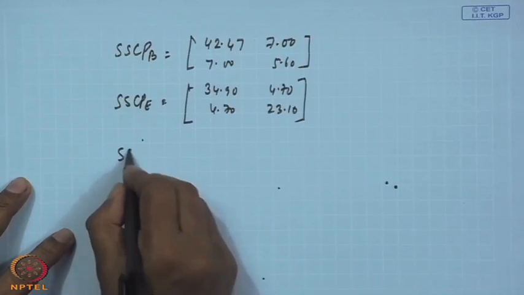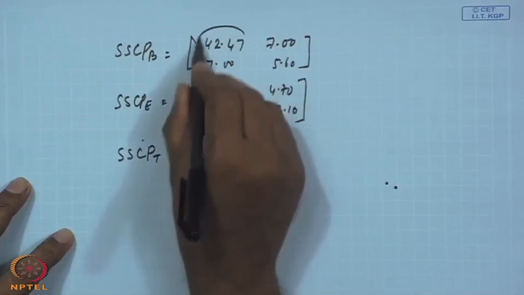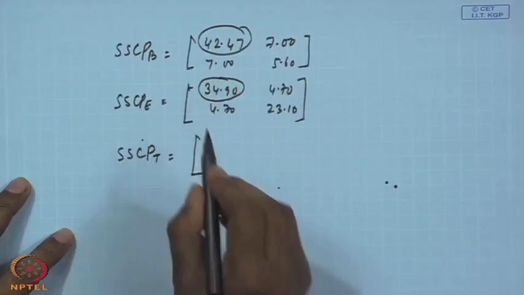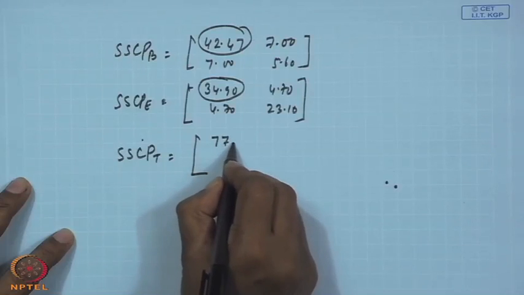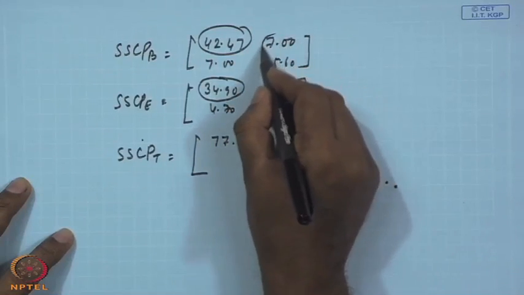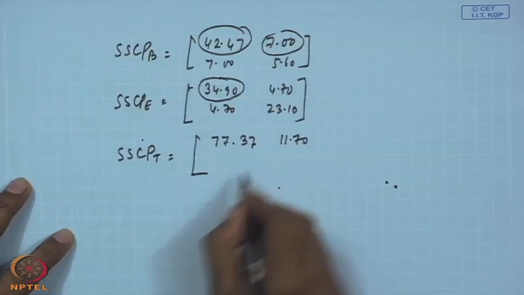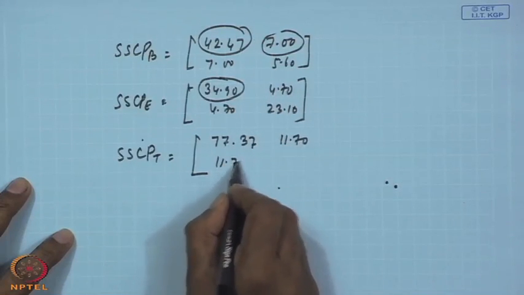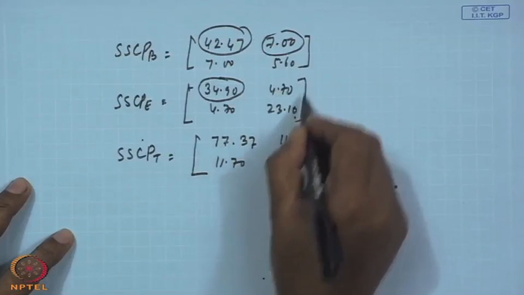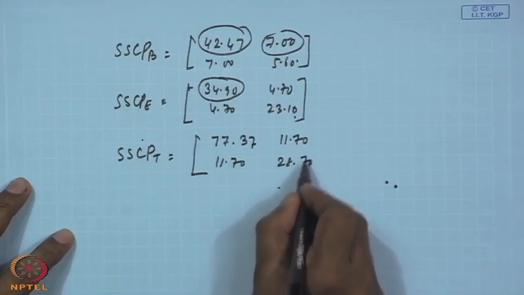So, you know your SSCP total now. This plus this, the resultant will be 77.37. Now, 7 plus 4.7 is 11.70, 11.70, then 23.10 plus 5.60 will be 28.70.